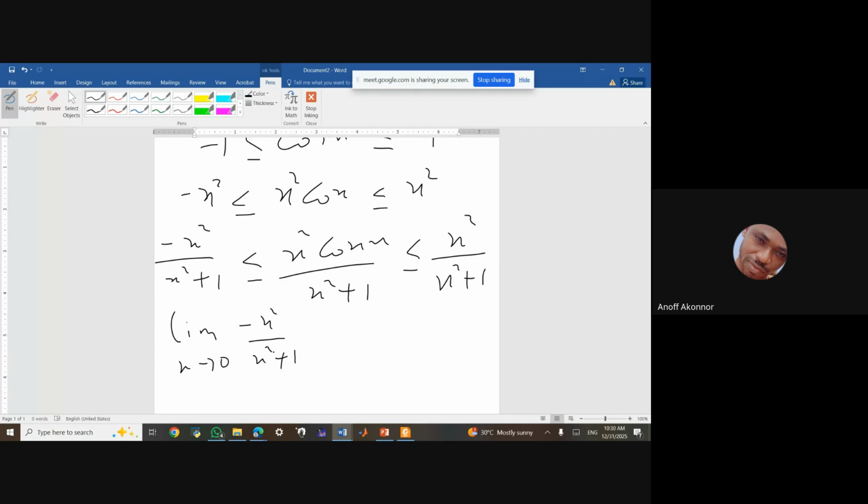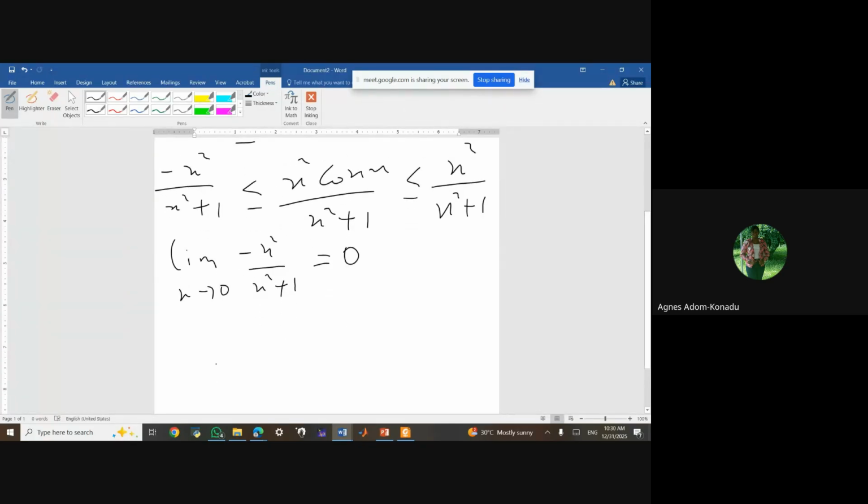The domain is the set of all real numbers. So 0 is also a real number. If a is in the domain, I'll just substitute my a. So let's substitute 0 into it and see what we get. What do I get when I substitute 0? I'm going to get 0.